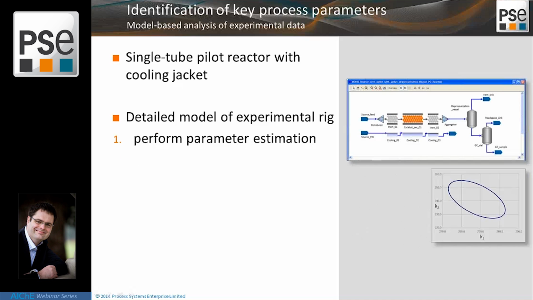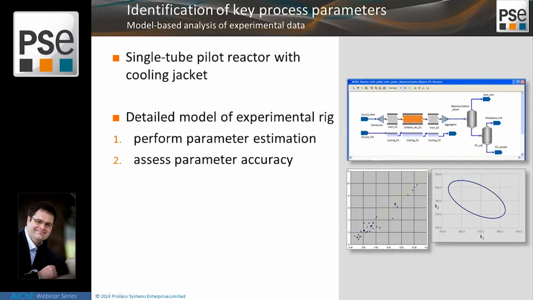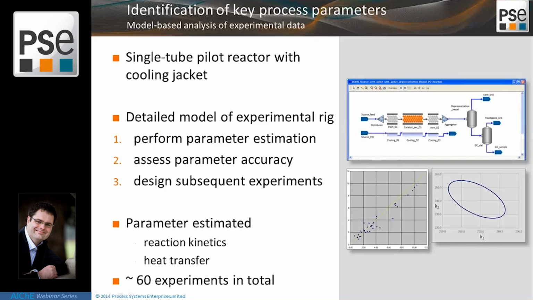We performed the parameter estimation. We assessed the parameter accuracy. In this case, we were not satisfied, so we actually designed some subsequent experiments. And in the end, we estimated both kinetic and heat transfer parameters, and we used about 60 experiments to do this.